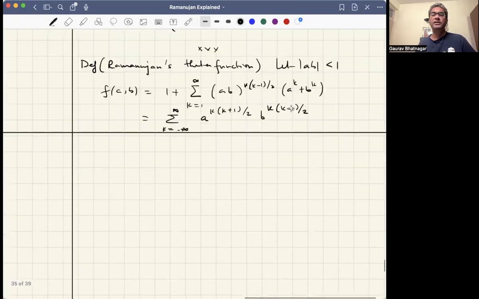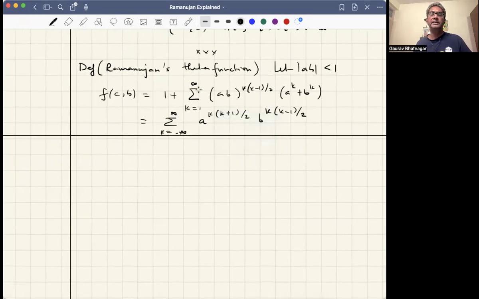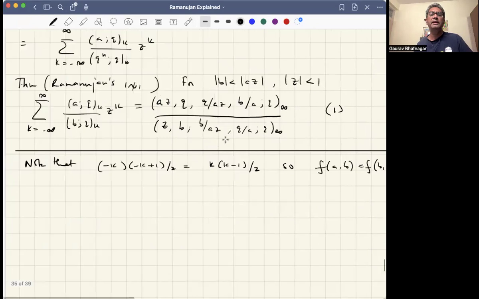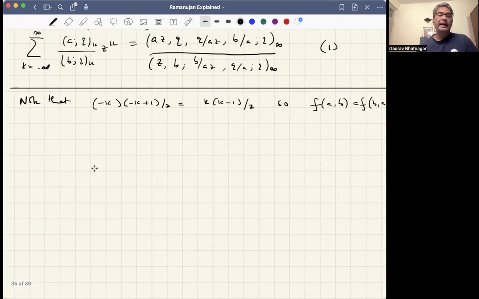If we just interchange A and B, it's the same thing as rewriting the sum, changing the order of summation from k going from minus infinity to infinity, and replacing k by minus k, we get the same thing. So it's symmetric in A and B.